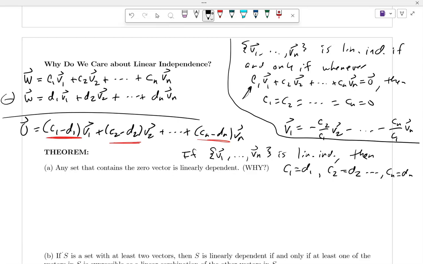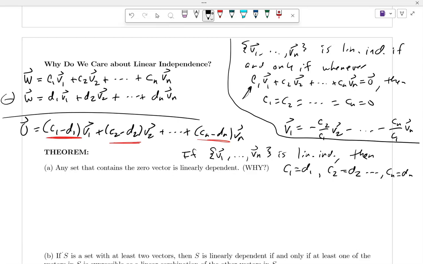So this is why we care about linear independence. If, and I'll write it off to the side, I'm running out of room to write it underneath because of the other stuff that I wrote. If I have a linear combination of a vector and the set of vectors that I'm using are linearly independent, then there's only one way to do it. It's unique. The representation is unique. Okay?